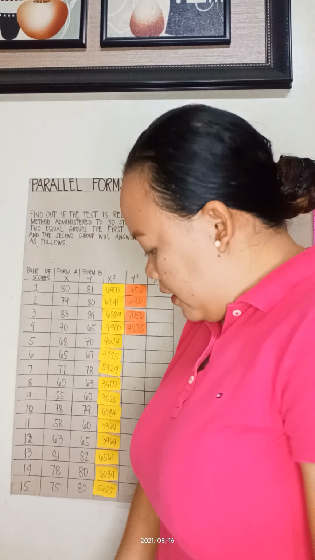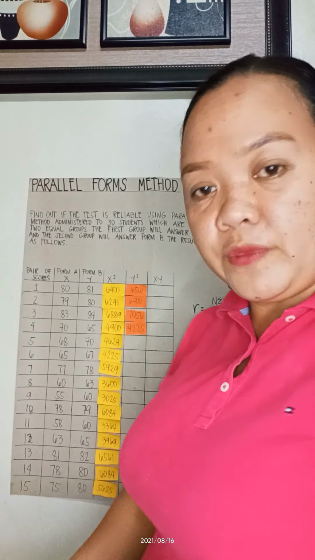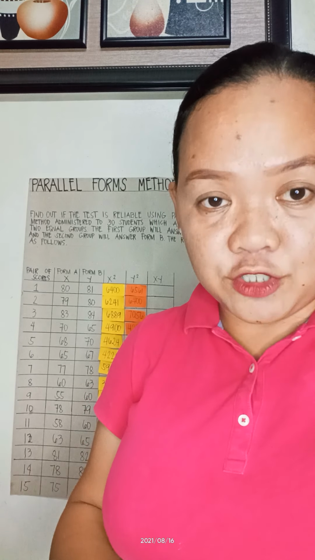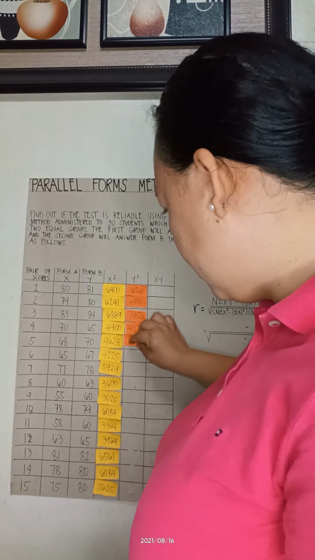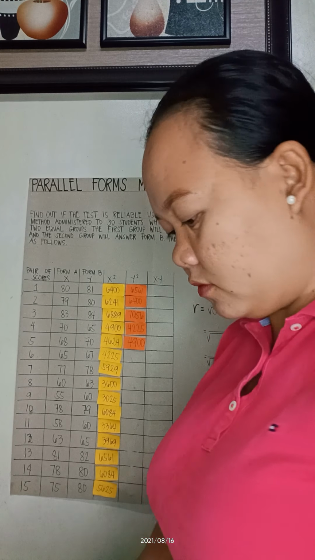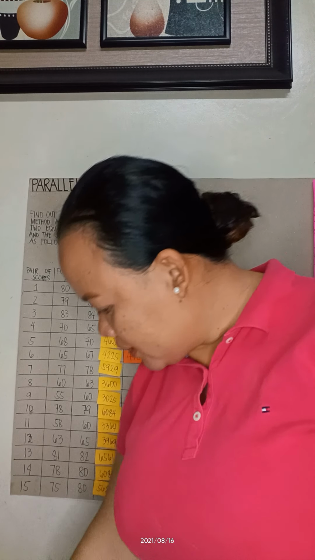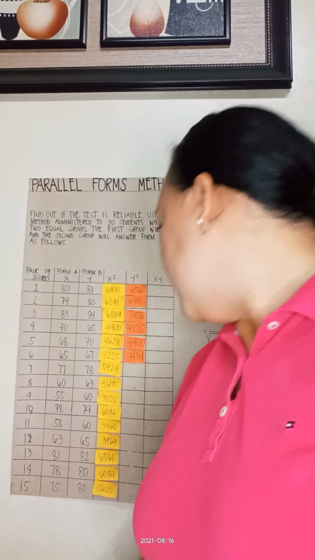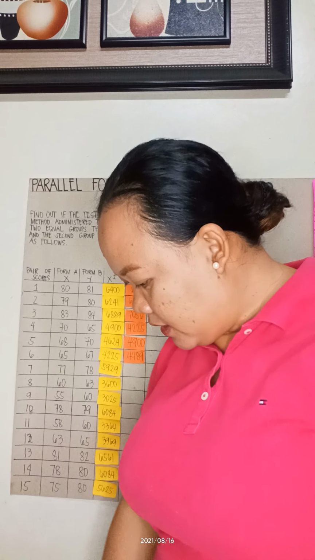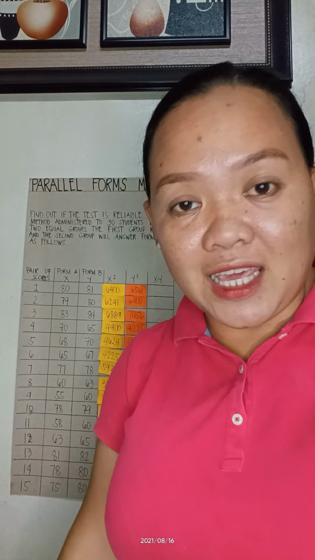Next, 70 times 70 is equal to 4,900. 67 times 67 is equal to 4,489. Next, 78 times 78 is equal to 6,084.